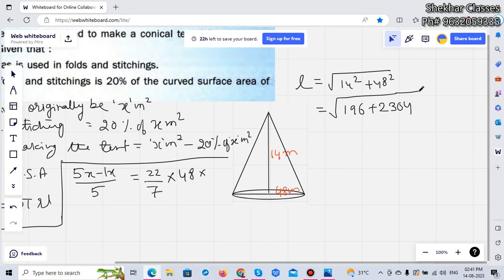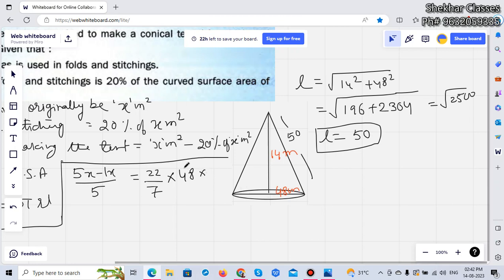And you add the two. So what will happen if you add the two here? 2500, that is under root of 2500. So L will come as how much? 5 5 is 25, so it will be 50. So this is 50 here, this length.